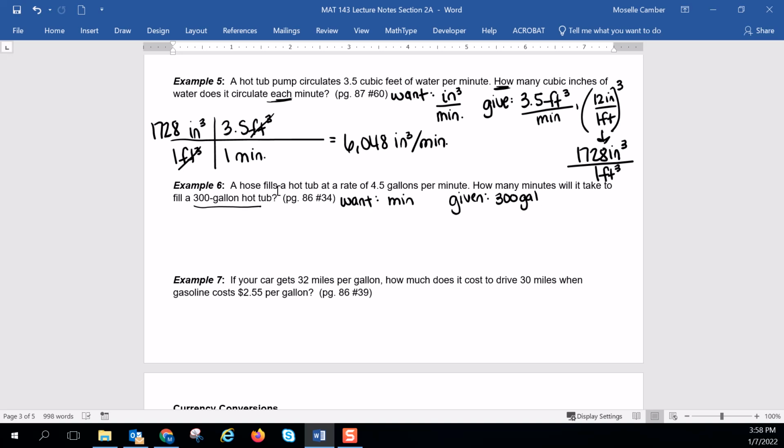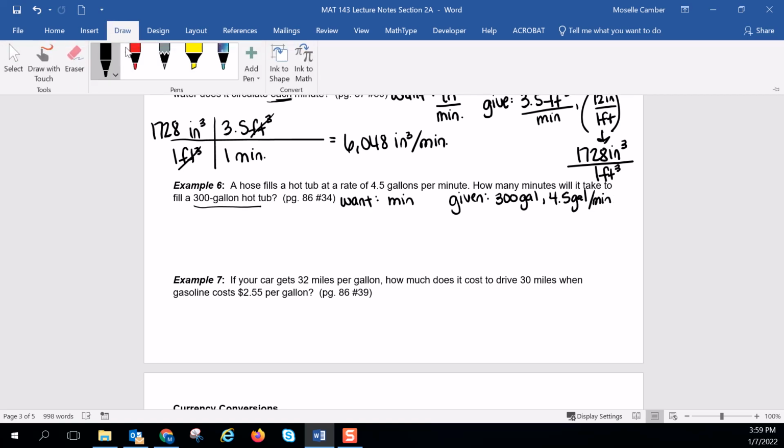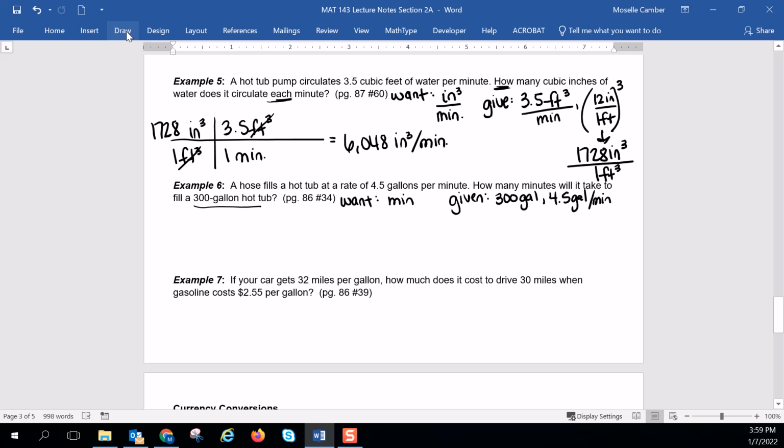Now going back to the beginning to see any other units, we have a rate of 4.5 gallon per minute. So listen out what we want. We want minutes. So I need to know something to do with minutes. Well, I have minutes here in my given list, and I know that each minute you get 4.5 gallons.